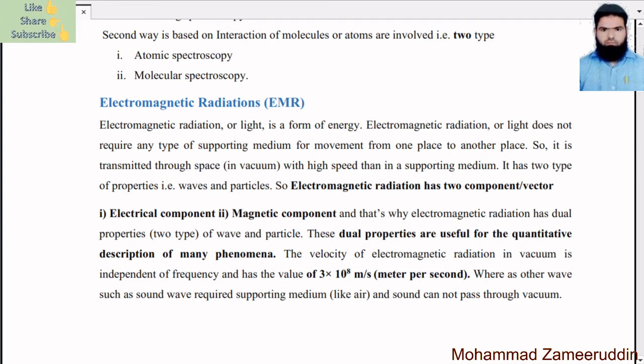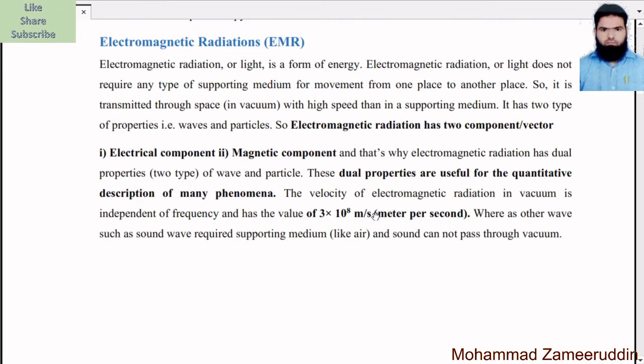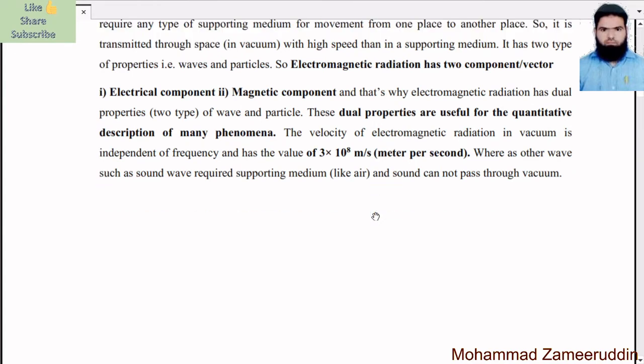These dual properties are useful for the quantitative description of many phenomena. The velocity of electromagnetic radiation in vacuum is 3 × 10^8 meters per second, whereas other waves such as sound waves require a supporting medium like air, and sound cannot pass through a vacuum. So, this is about electromagnetic radiation.